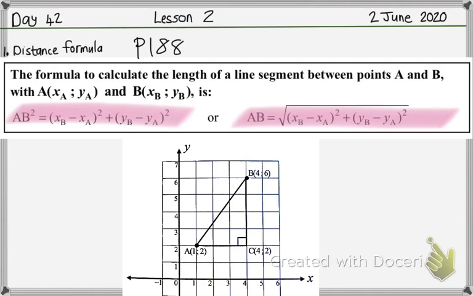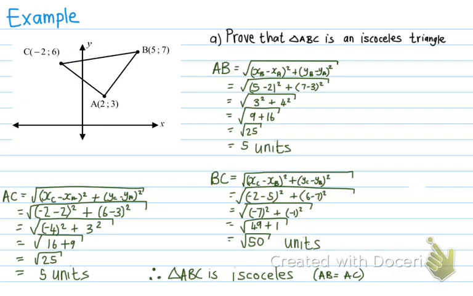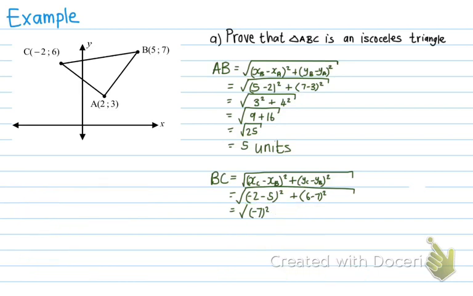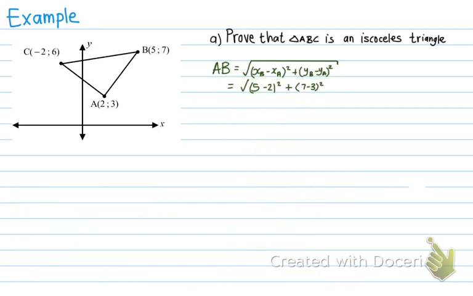Let's start with an example. We have the coordinates, and the question says prove that triangle ABC is an isosceles triangle.